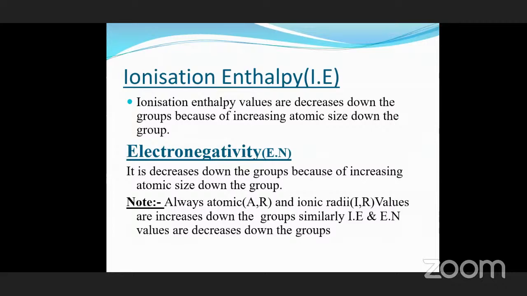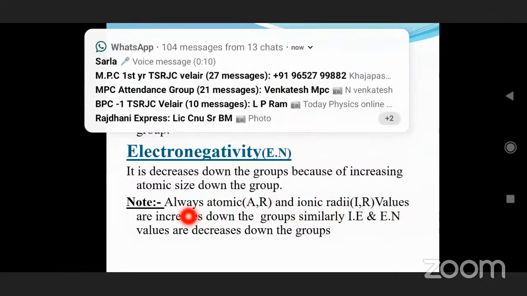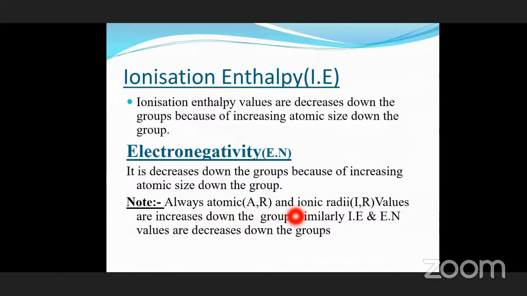Okay, so I will provide here one note that is very simple. Always atomic and ionic radii, which is represented by IR, values increase down the groups. Similarly, ionization enthalpy and electronegativity values decrease down the groups.